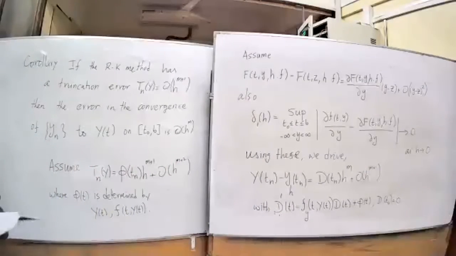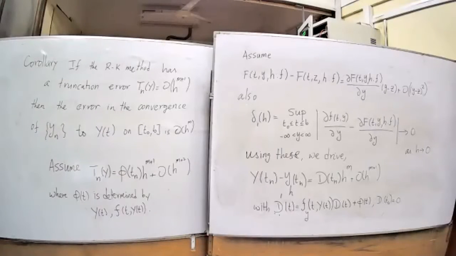Here, by using the fact that Tn is of order h to the power m plus 1, you write this as phi of Tn times h to the power m plus 1 plus order of h to the power m plus 2. Phi of Tn is determined by using the solution and F, the right hand side, and we are also assuming that capital F satisfies that condition, and delta 1h is the supremum of this, and this goes to 0.